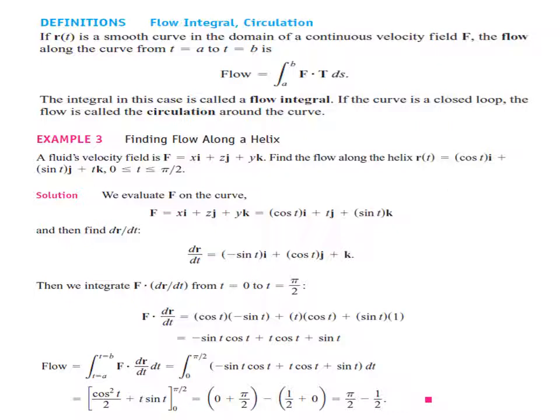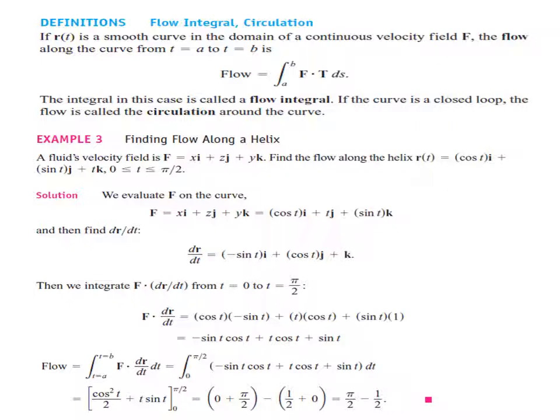A fluid velocity field is F = x i cap + z j cap + y k cap. Find the flow along the helix r(t) = cos t i cap + sin t j cap + t k cap, where t varies from 0 to pi by 2. Let us find F on the curve r(t).